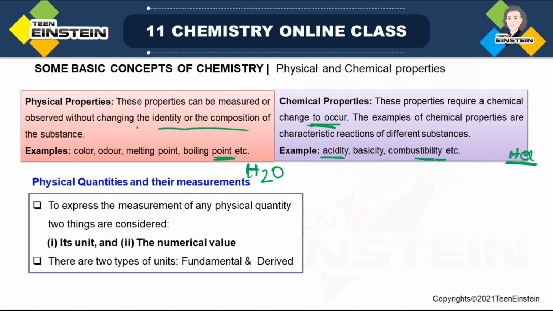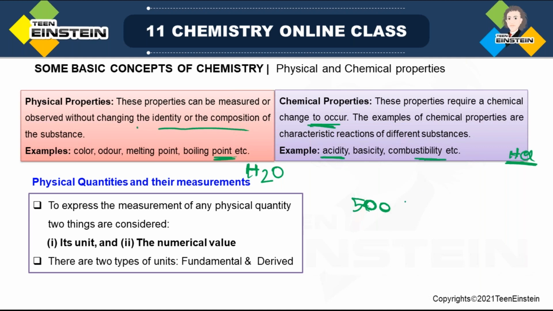Physical quantities and their measurement. Now, if we want to express different physical quantities, for example, the temperature of a particular compound, suppose I say it is 500, it doesn't make any sense unless you use a unit.